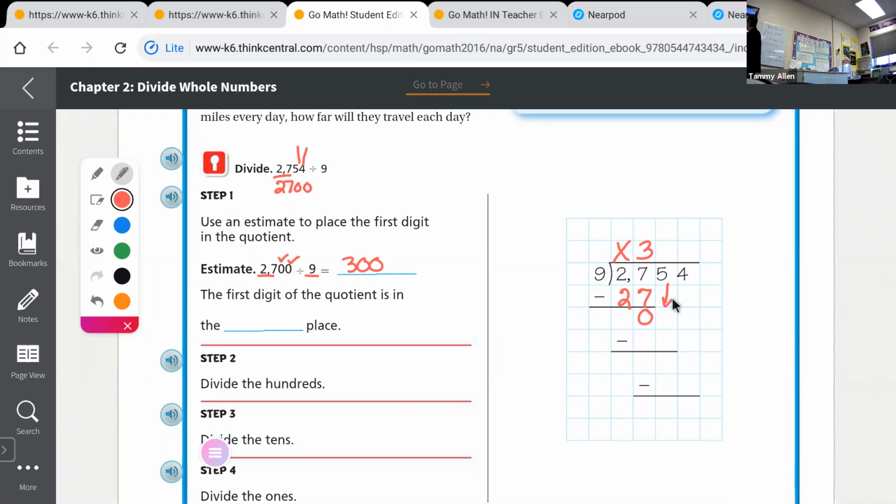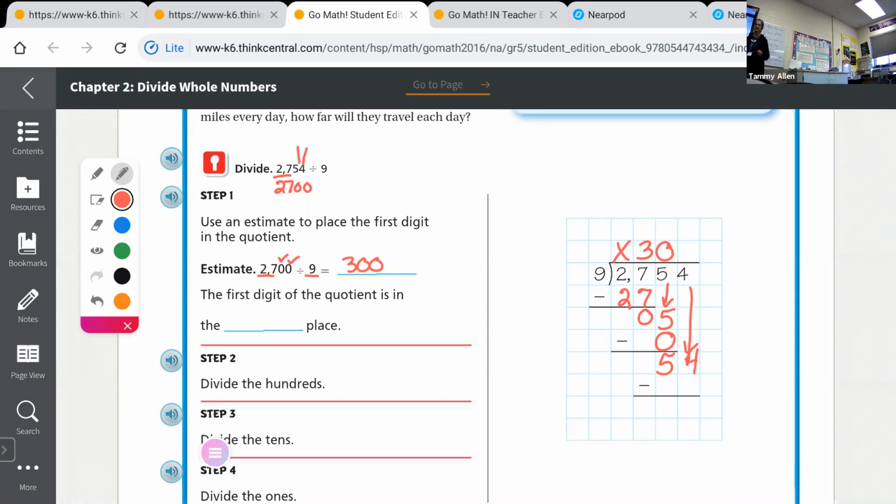Now, how many times does 9 go into 5? 0. And that's one thing that several of you forget to do. Put the 0 in there. 0 times 9 is 0. We subtract, we get 5. And now we bring down the 4.